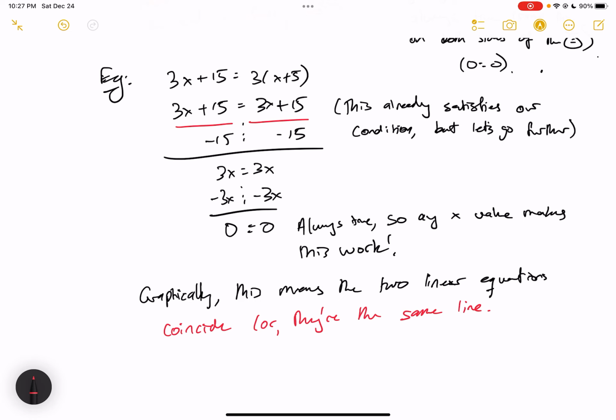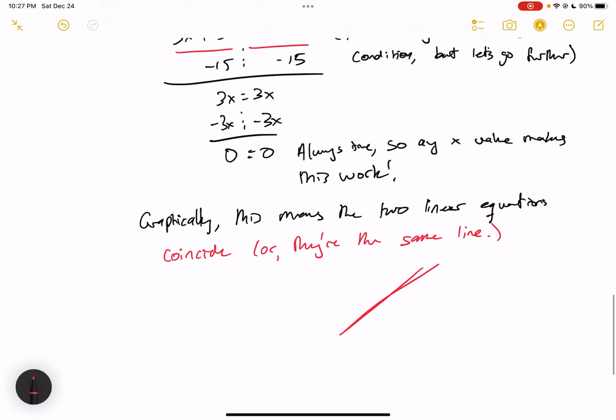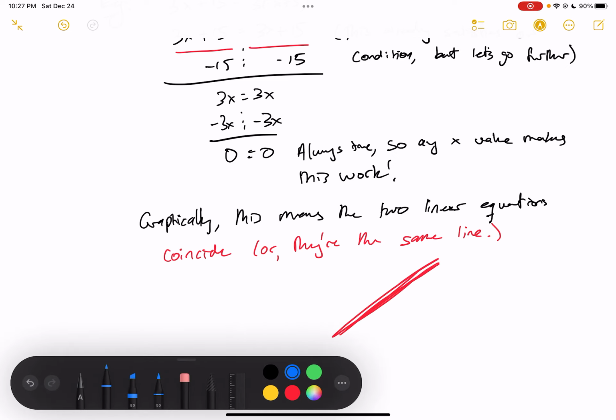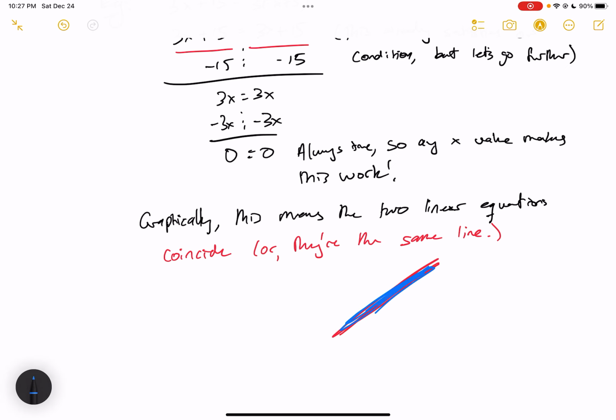Note what this ends up looking like. So if we had one straight line looking something like this, and another one that's basically the same thing on top of it. It's literally the same line, literally the same as the red. That means that basically every single point is an intersection point.